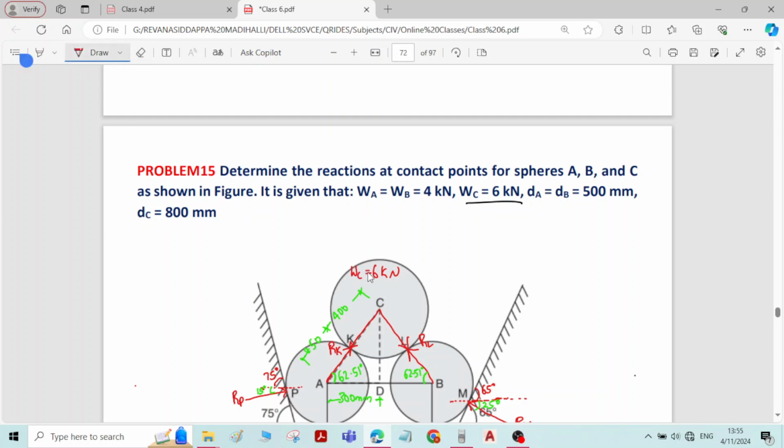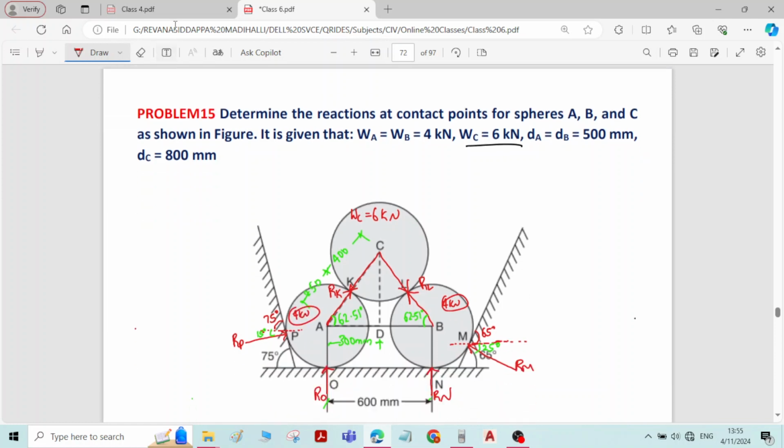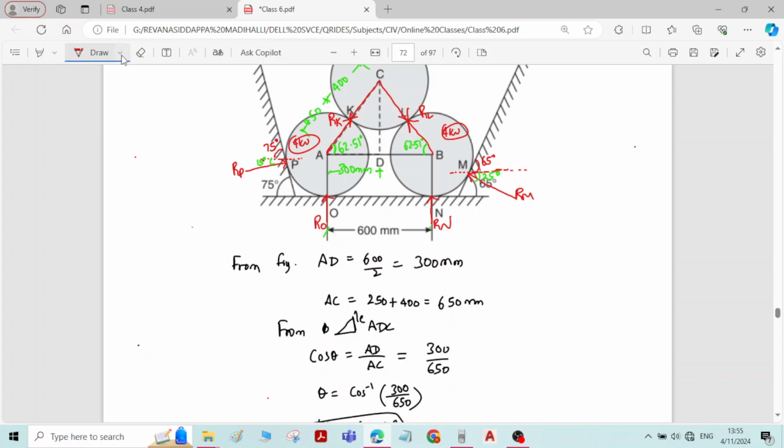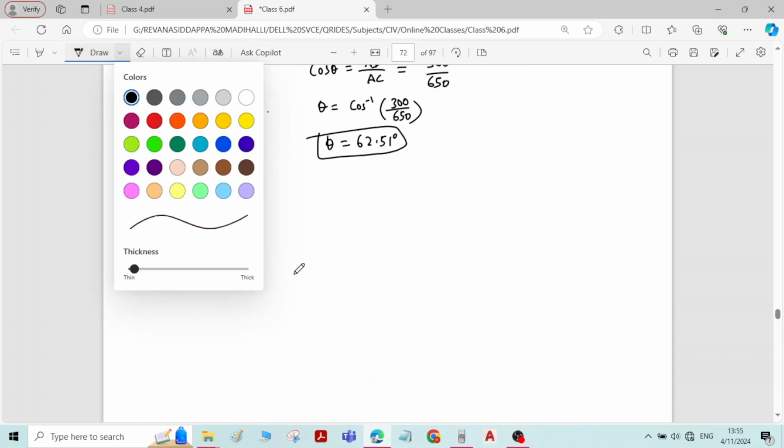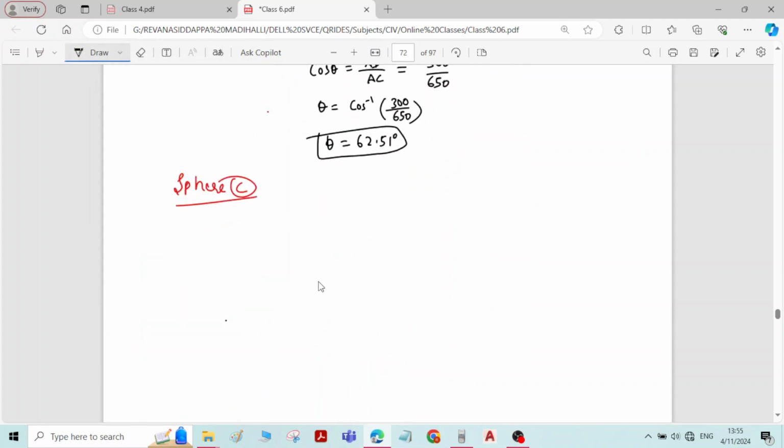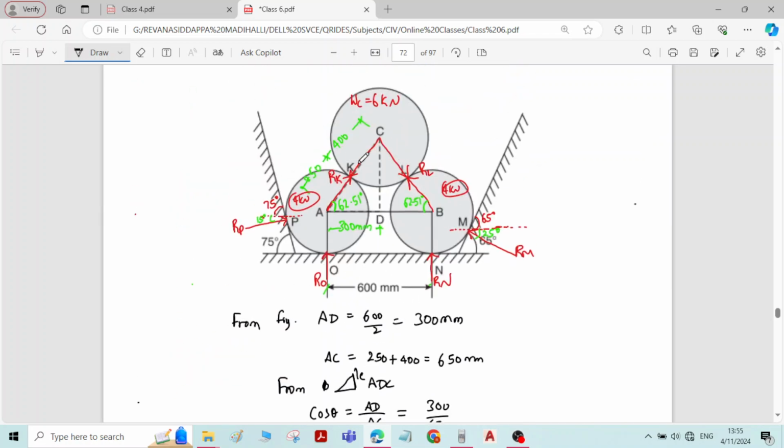WC is equal to 6 kilonewton and WA, WB 4 kilonewton. So 6 kilonewton force always acts in vertically downward direction along the direction of gravity. Write that force in downward direction, 6 kilonewton force.